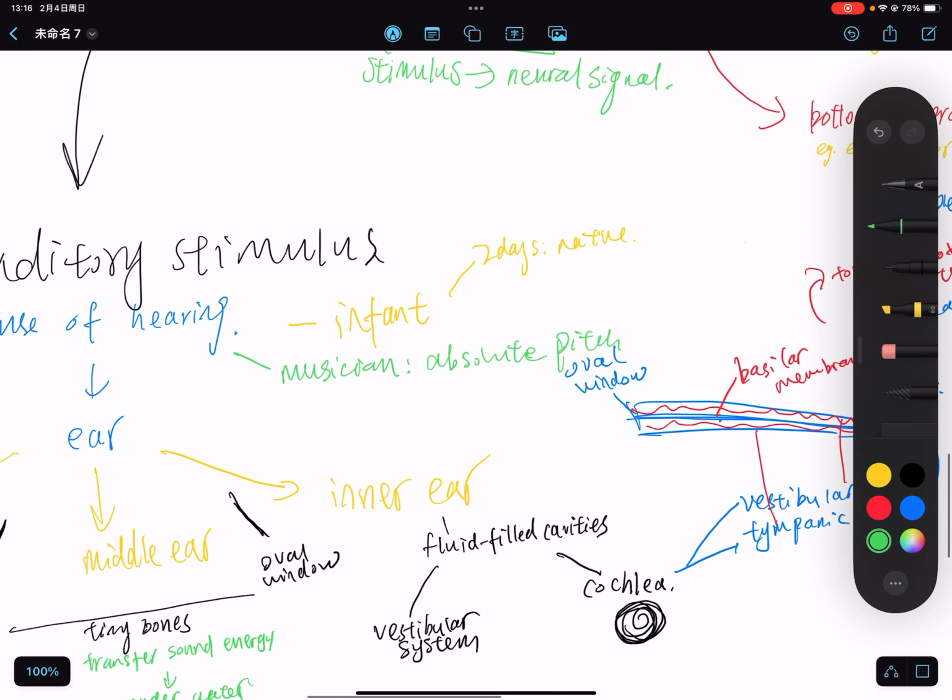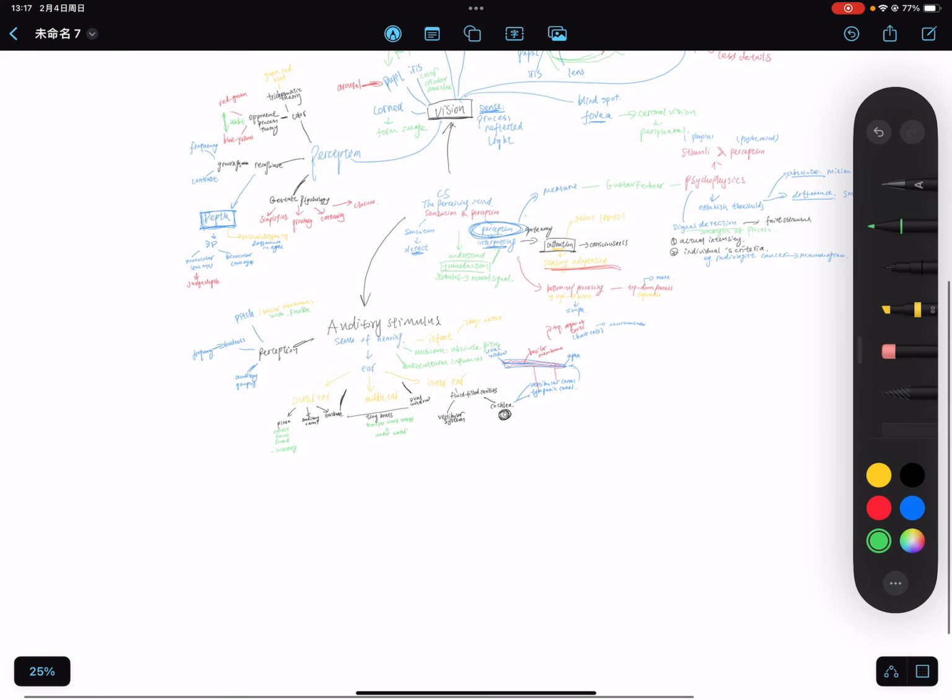What else? Social and cultural influence has a big impact on auditory perception. So this is our auditory system.